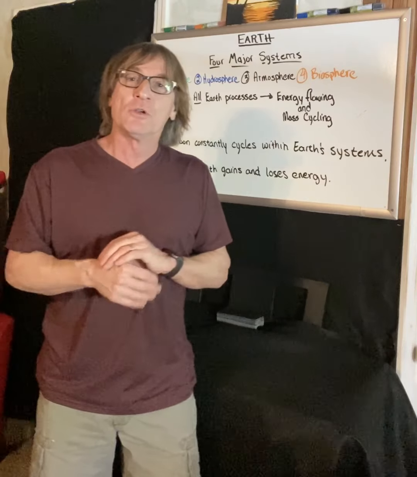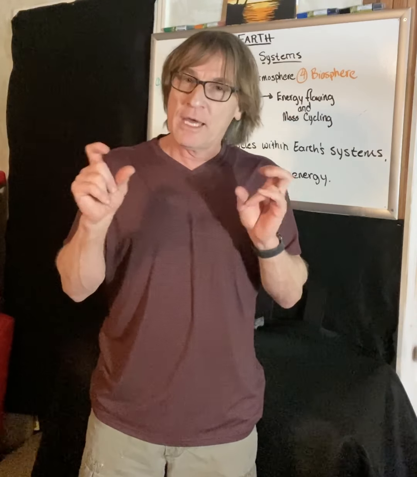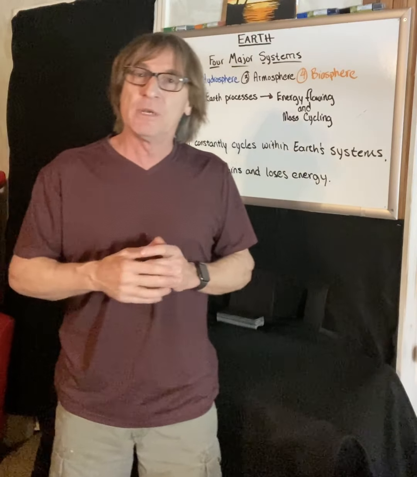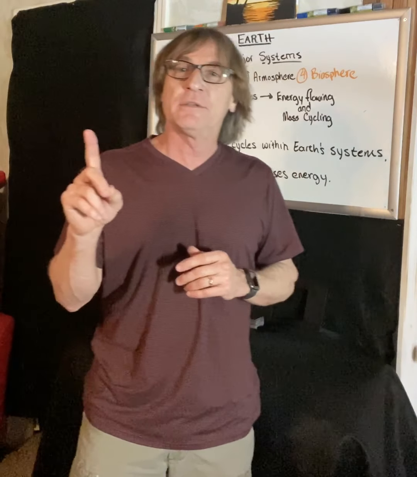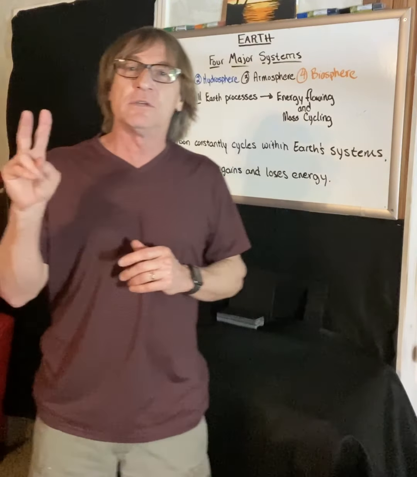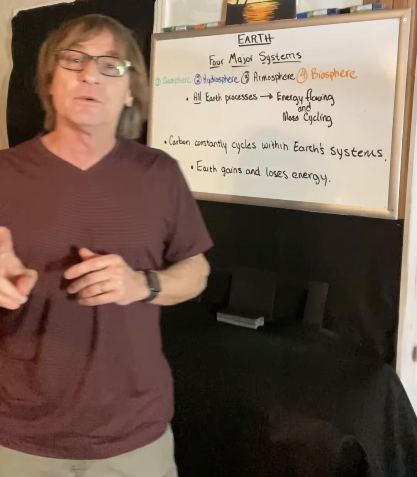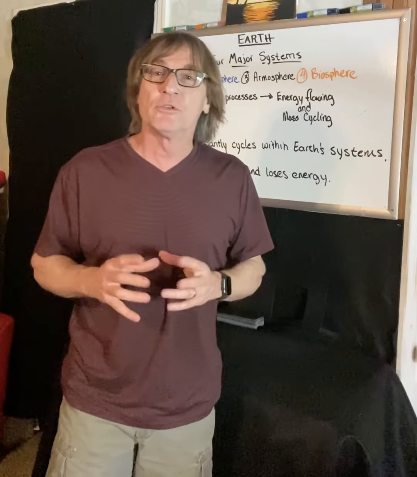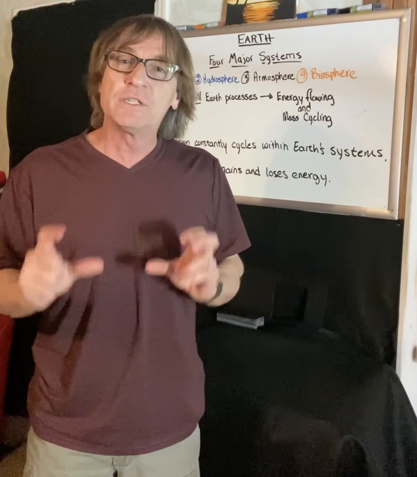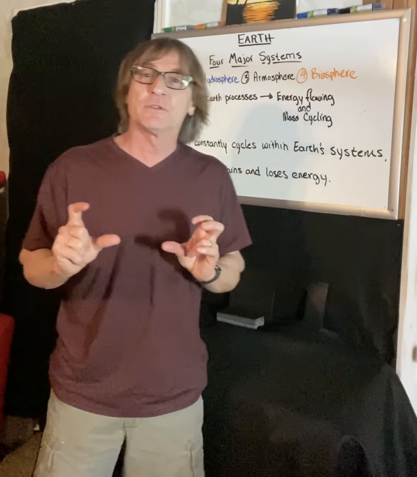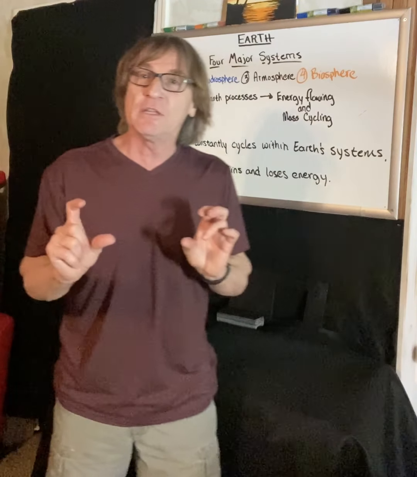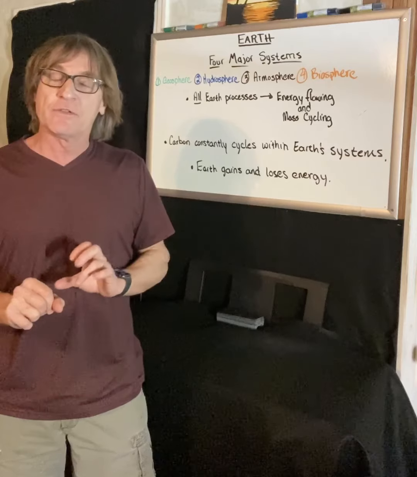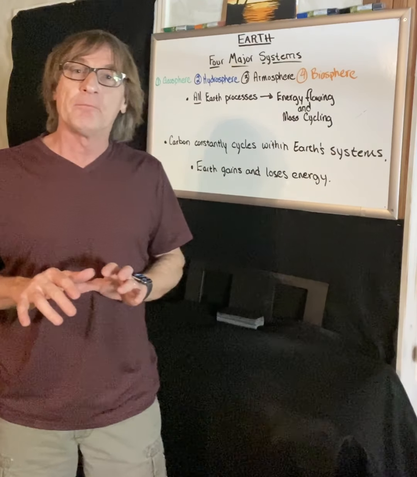So, Earth's energy, you may ask, where does Earth's energy come from? It comes from two major sources. The first is the sun, and the second is the Earth's interior. And this flowing and cycling that I referred to produces chemical and physical changes in Earth's materials, and changes in living things, including you and I as well. And again, we'll get into details of that as we get deeper into this unit.